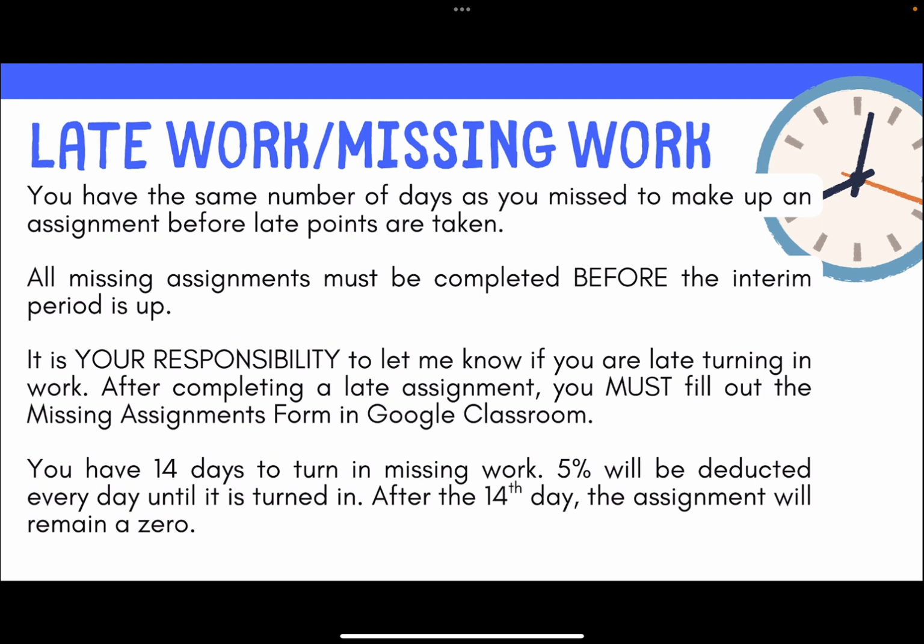Even if it's an excused absence, I still need you to fill out the missing assignments form on Google Classroom. This is how I know to go check it. I take off late points depending on how many days it was late, the reason why it was late, and all that stuff. So even if you are turning in something late because you have an excused absence, you still need to fill out this missing assignments form.